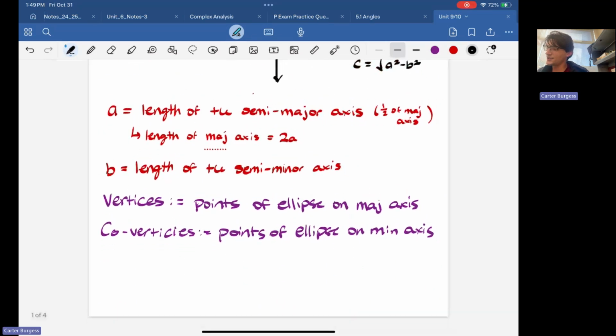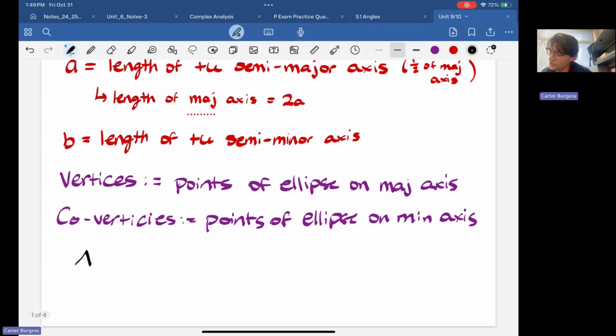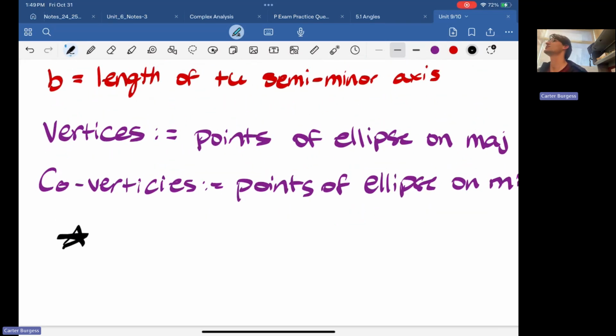Last thing that I'm going to mention is that the foci are always going to be located, well, there's a little bit of an asterisk here. For ellipses, the foci will always be located along the major axis. I say for ellipses, because you get a different shape when you move the foci to the outside of your shape.